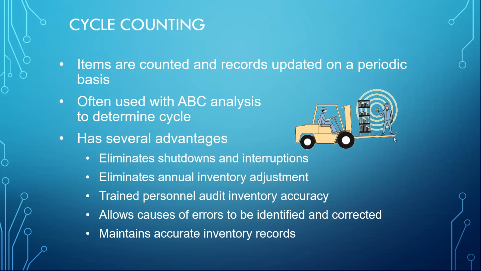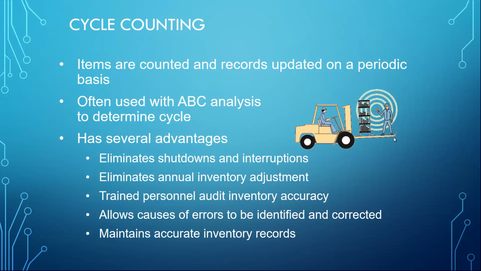Since items are periodically counted, that eliminates the need for an annual inventory adjustment. We adjust periodically, so whatever error or mistake we have can be corrected immediately. It uses trained personnel to audit inventory accuracy.